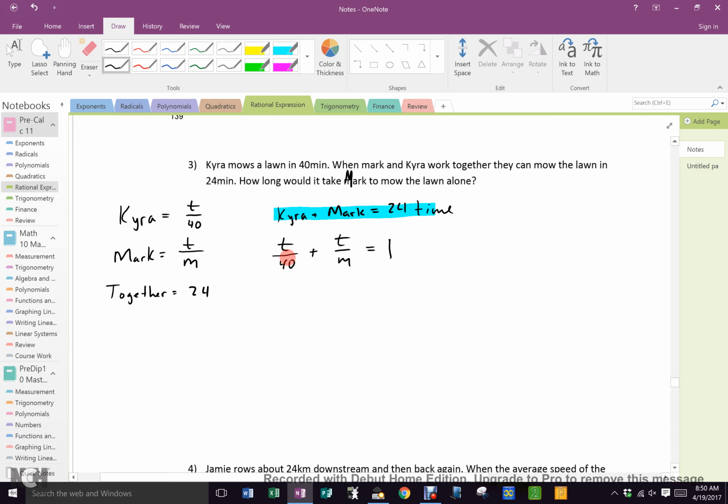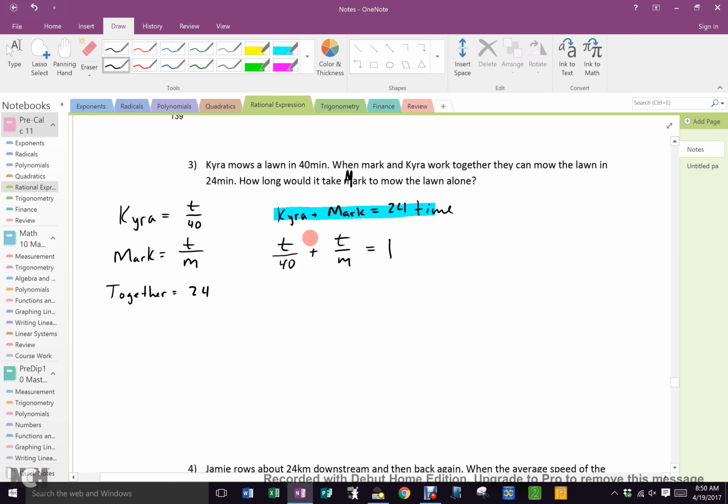So if I got to figure this out, don't I know the time? What's time? 24, right? So I got to solve this with t as what? 24. So can I put t 24 in there now?